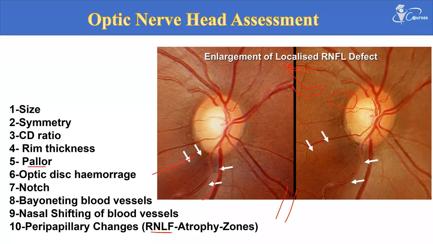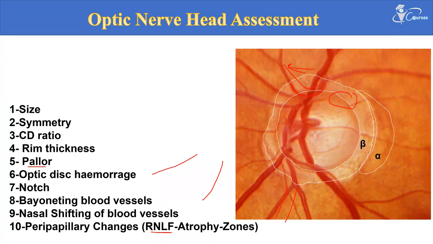Also, the presence of peripapillary atrophy. Peripapillary atrophy, like in the bottom, like what happens in myopia, is not very significant for glaucoma, but it's also a sign. And there are also other areas, or what are called zones, which represent the beta zone and the alpha zone. These are the zones surrounding the optic disc.